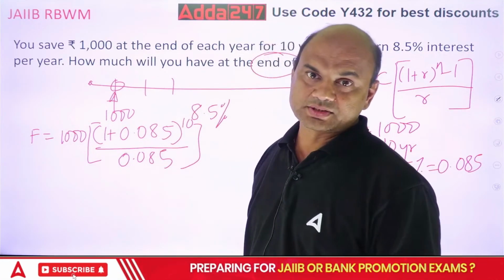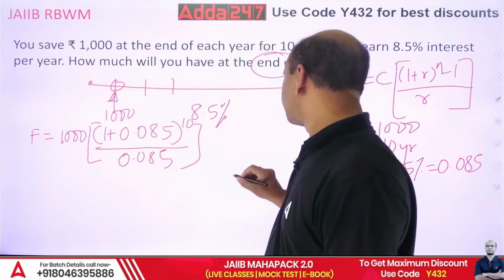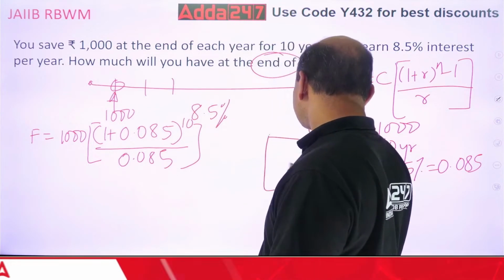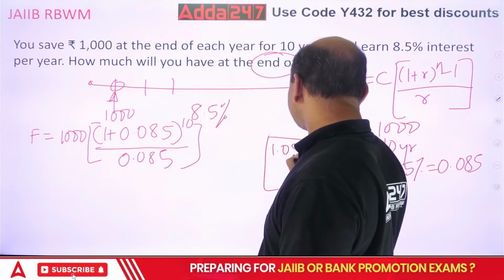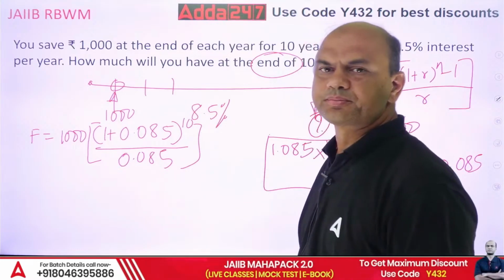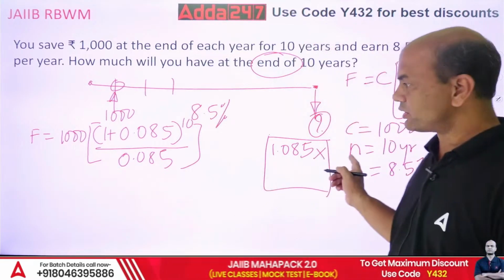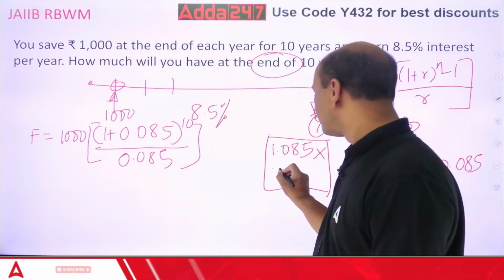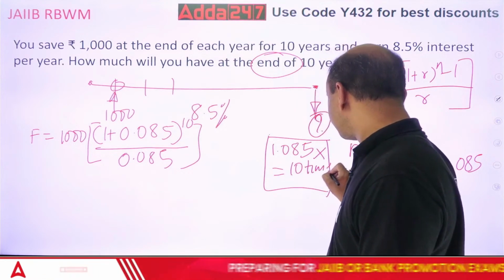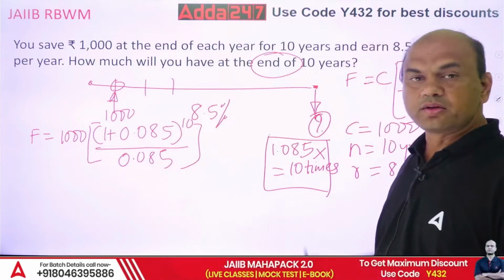How to do this? Take it like this. I'll put a square over here. So 1.085, then press multiply, then press equal to 10 times. Then you will get the right answer.